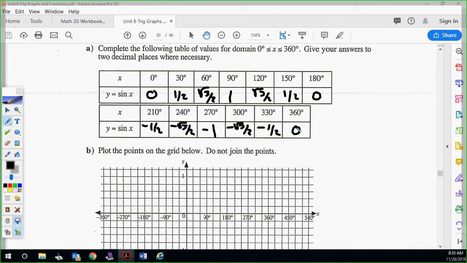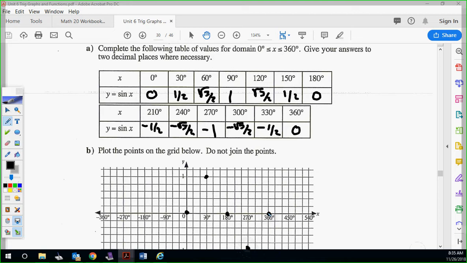Okay, we're going to start at 0, and we'll go over to the right, and then we'll just mirror it to the left doing the negatives. I kind of use the 90 spots as my key spots, but we got that right there. Negative 1's a little bit lower, isn't it?